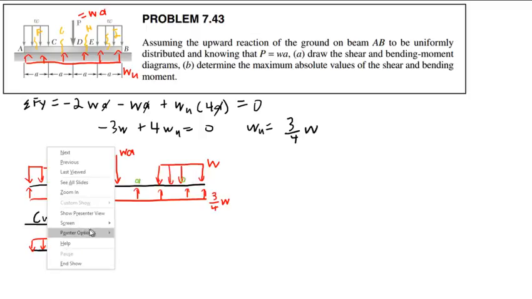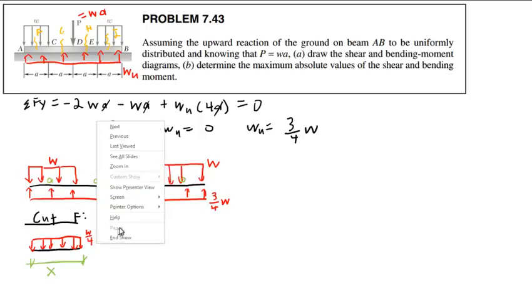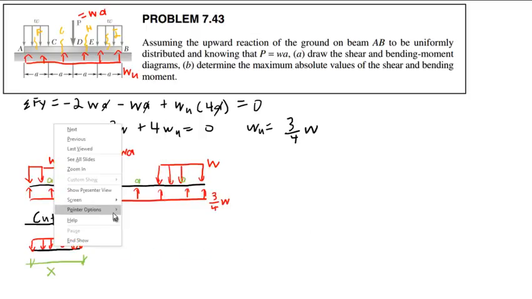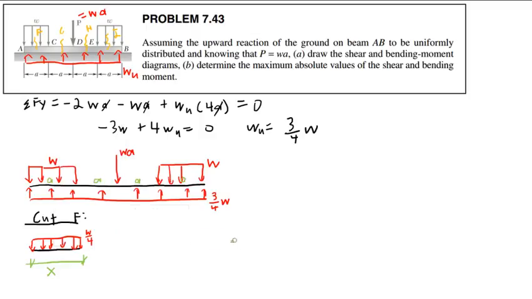And this is taken at some dimension X here. I could draw the normal force on the member, but I realize that that's going to be 0, so I'm just going to ignore it. Let's see, I want to label my points.